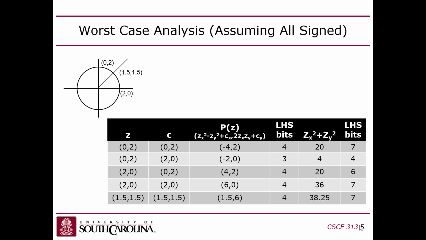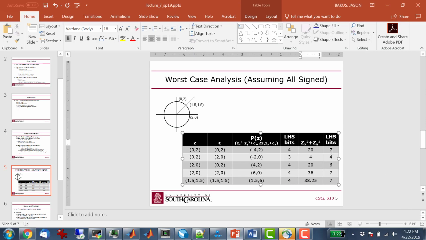Make sense? So that's 1, 2, 3, 4, 5 bits, plus the sign bit's 6. So that should actually say 6 there. All right, sorry, I screwed that up. It doesn't matter because I'm going to need 7 for one of these other examples, but yeah, 6, sorry.